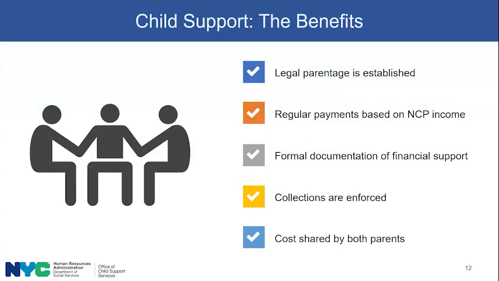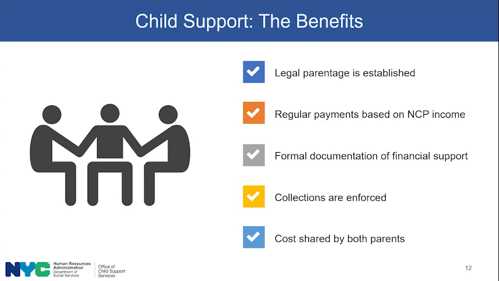Okay. There are many benefits to obtaining a formal child support order. First, legal paternity is established, and this benefits everyone because the child has inheritance rights, and the NCP has a say in the child's future, for example, school, medical issues, adoption, and so on. And for the CP, this is the first step in establishing an order.